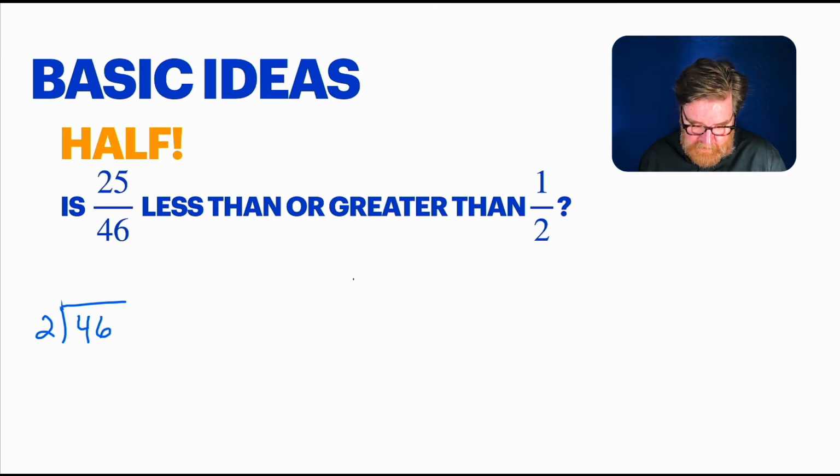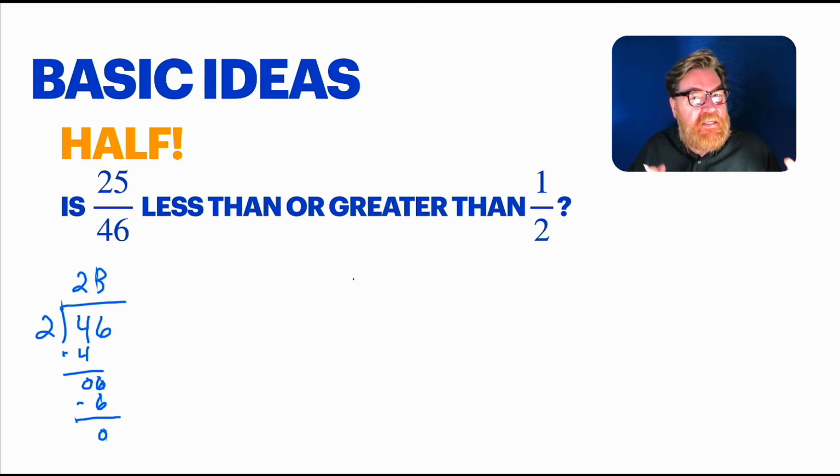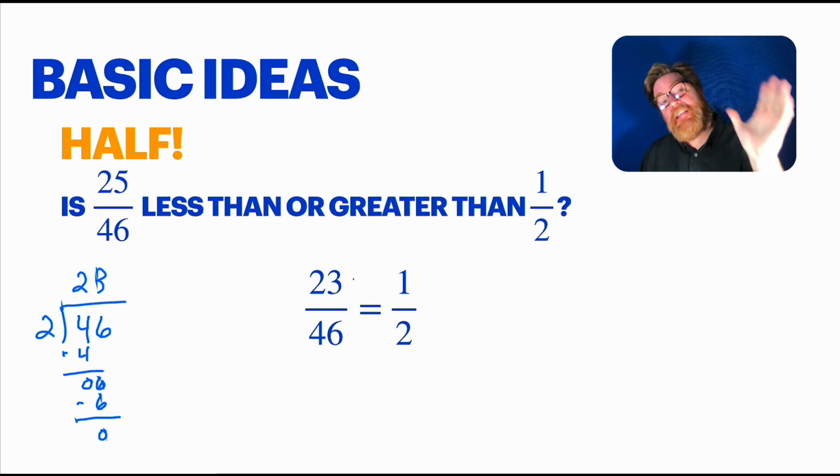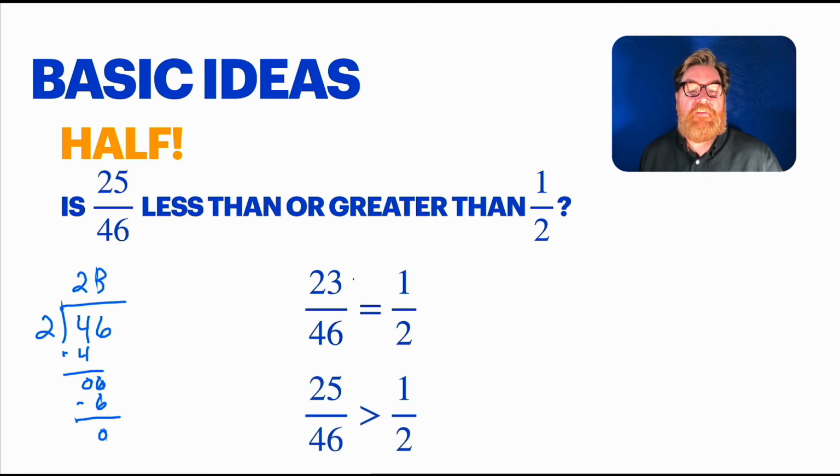And that's going to be, let's see, 2 goes into 4 2 times. 2 into 6 goes 3 times. Okay, good. 23. So you can just compute it off to the side if you need to, if you can't see it. All right, so 23/46 is equal to 1/2. And now we can compare our fraction. All right, so 23/46 is half. 25/46 is more. So 25/46 is greater than 1/2. Looking okay? All right, good.